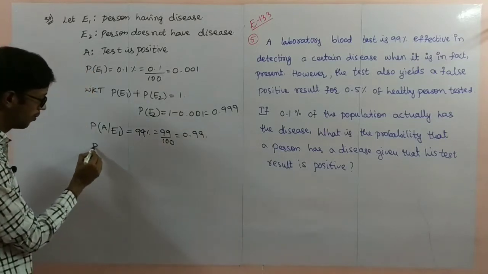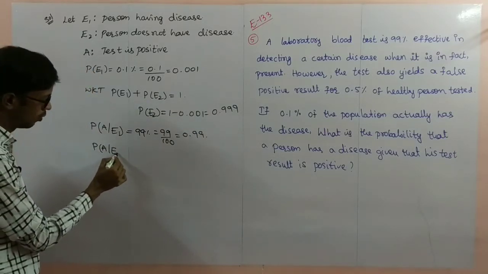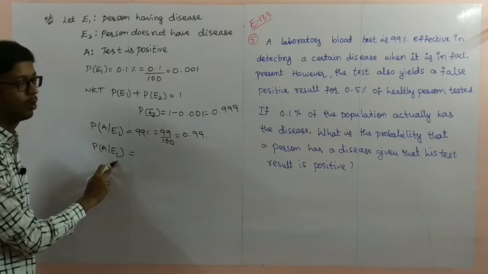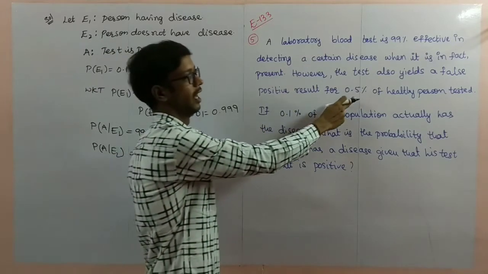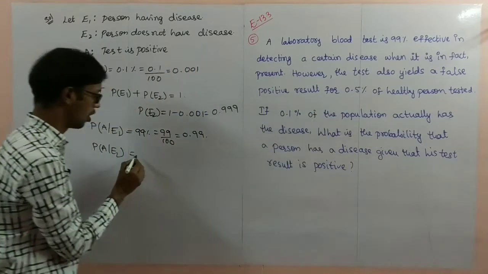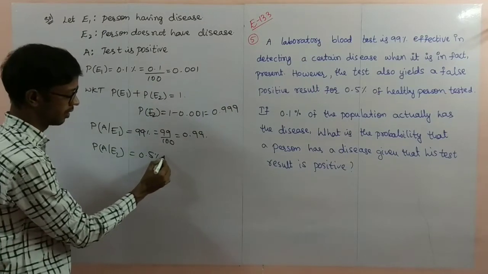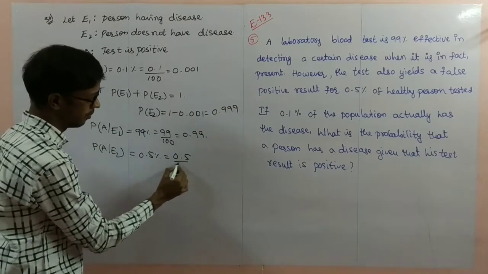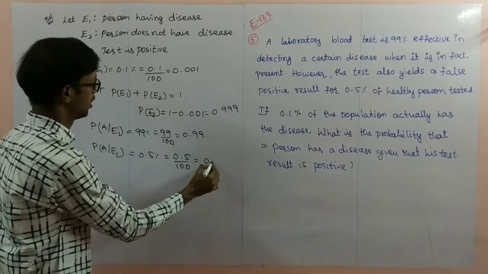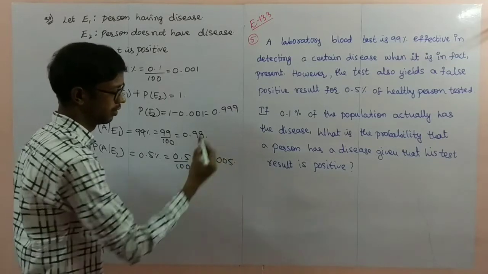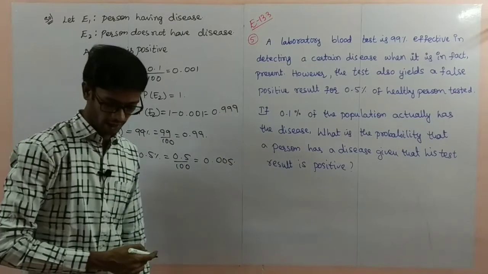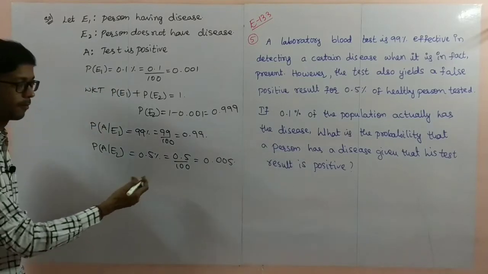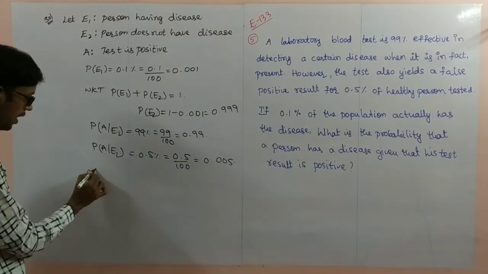Next one, the probability of A given E2. The test is positive, but they don't have the disease. A healthy person, how much percentage? 0.5%. 0.5 by 100, that is 0.005. Next, what do we have to find?